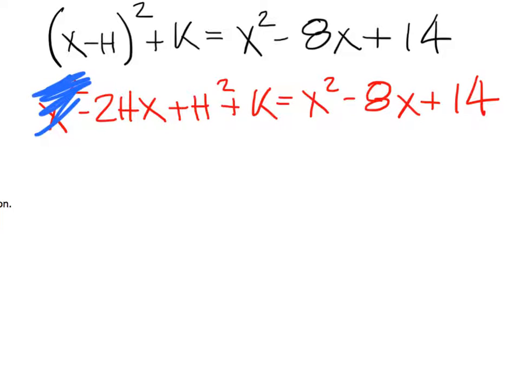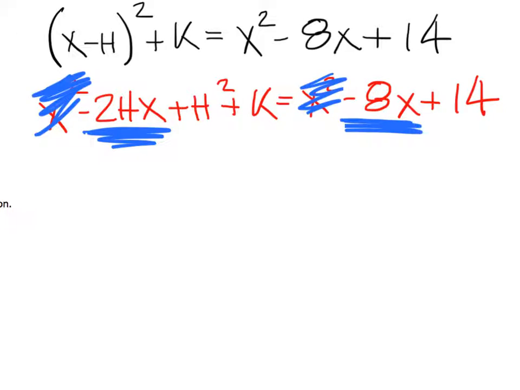This is the same thing as this. Same term, same exponent, same sign. They cancel out. So what we're left with is an x term here that is equivalent to this x term. They are the only two x terms in the entire equation, one on one side, one on the other.